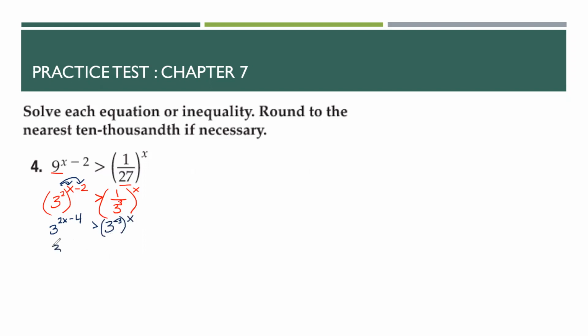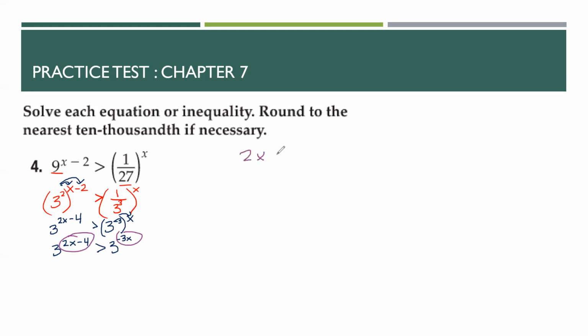So then this becomes 3 to the power of 2x minus 4 is greater than 3 to the power of negative 3x. So again, I would distribute here or multiply the exponents. Now my bases are the same, and I can set my exponents equal to each other.